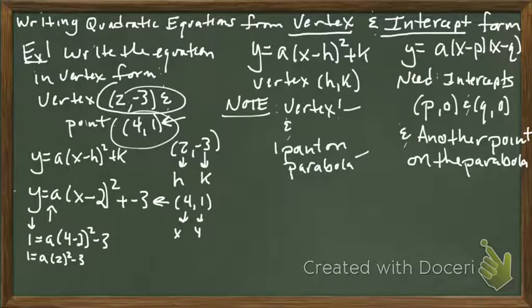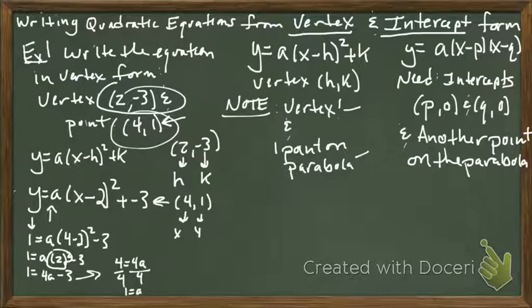Order of operations would say square the 2, right? So I'm going to have 1 equals, this is going to be really a times 4, or 4a, if you like, minus 3. So I'm going to add 3 to both sides. If I do, I'm going to get 4 equals 4a, and if I divide by 4 to get a alone, I get 1 for a.